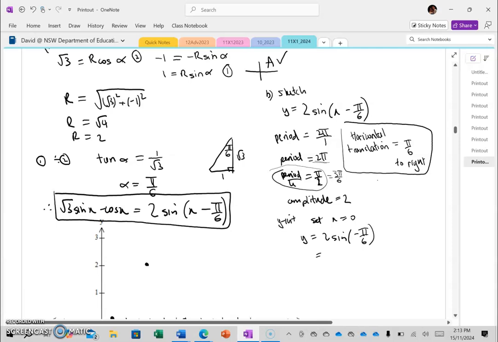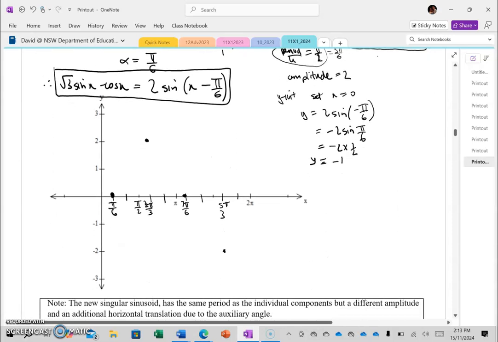Now, sine is an odd function, so it's going to be negative 2 sine pi on 6, and sine pi on 6 is opposite over hypotenuse, a half there, so negative 2 times a half, which is negative 1. Okay, so we're starting off from negative 1, that looks reasonable there from my graph, and then because the period is 2 pi, we'll also finish at 2 pi comma negative 1, and I'll label that endpoint.